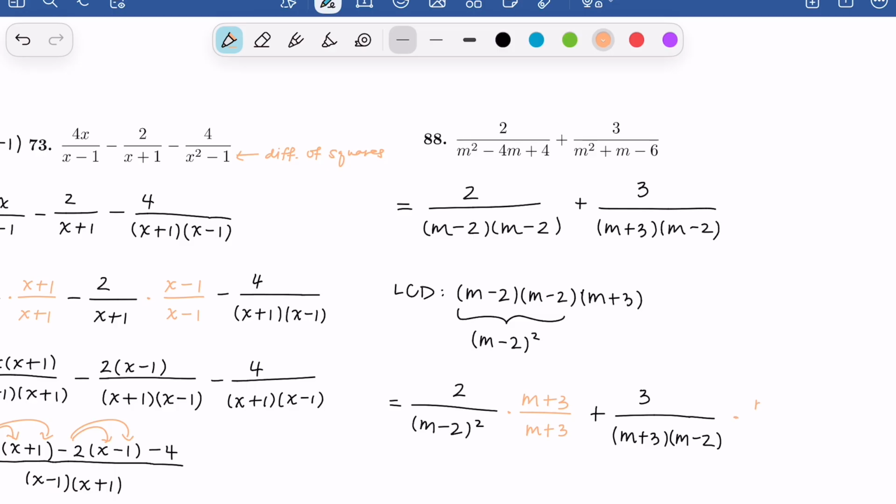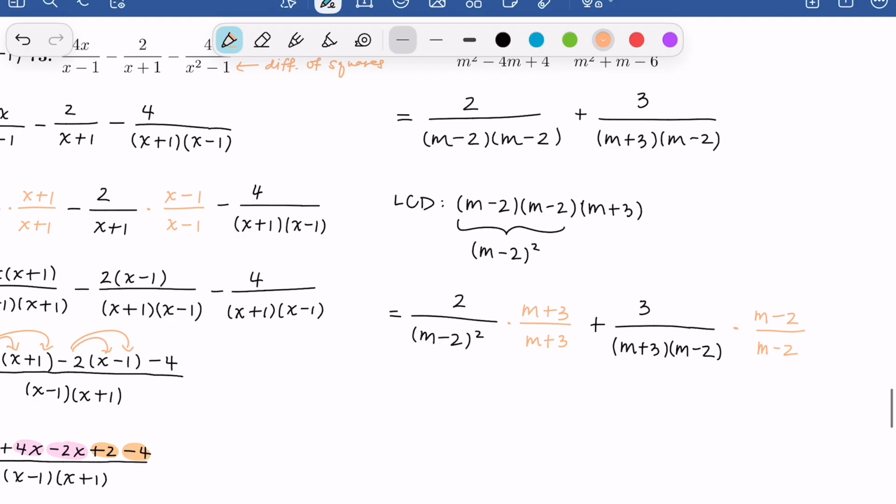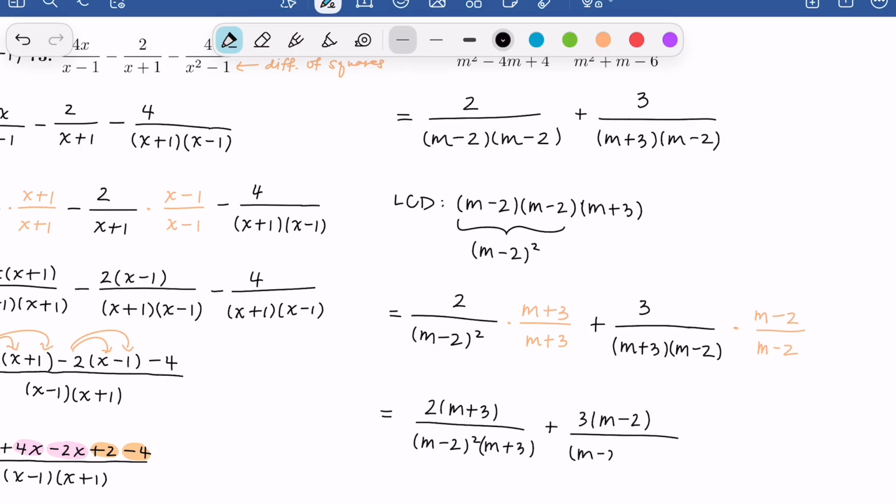So we're going to multiply the top and bottom by that extra factor of n minus 2. Doing so, we're going to end up with 2 times m plus 3 because we're multiplying straight across over the desired LCD. Similarly, for the second expression, this 3 is multiplying n minus 2, and we're going to have our LCD.